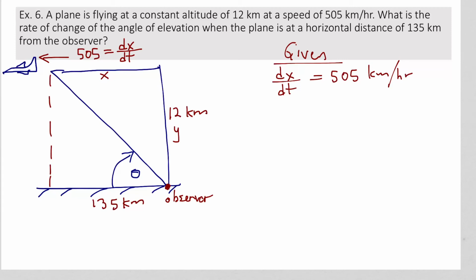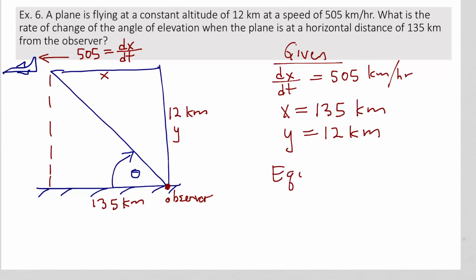The other thing we know is that x at that instant we're interested in is 135 kilometers. The y is a constant, 12 kilometers. That's not changing. And let's see, what else do we know? That's all we know.